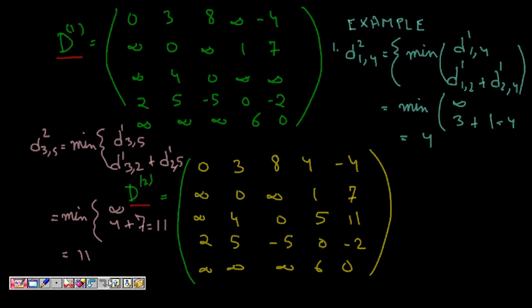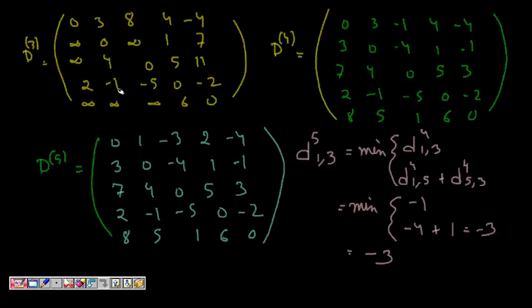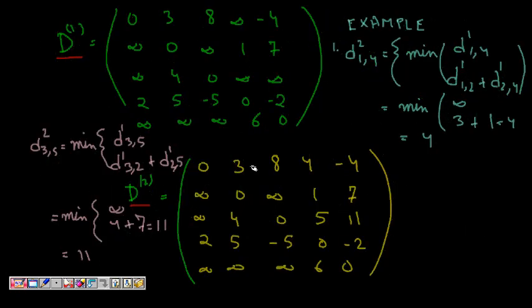D3 means for ij I can take 1, 2, 3 as the intermediate nodes. D4 means I can take 1, 2, 3, 4 as the intermediate nodes, and the graph has 5 nodes. Now D5 is the final matrix, so it has all the nodes 1, 2, 3, 4, 5 in the intermediate path. So let's see some calculations.